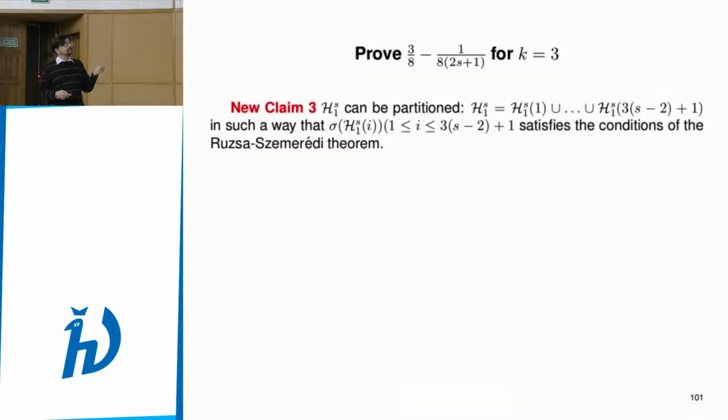And so if the shadow of this family of three-element sets satisfies the conditions of the Ruzsa-Szemerédi theorem, then we know that the size is little o of n squared.